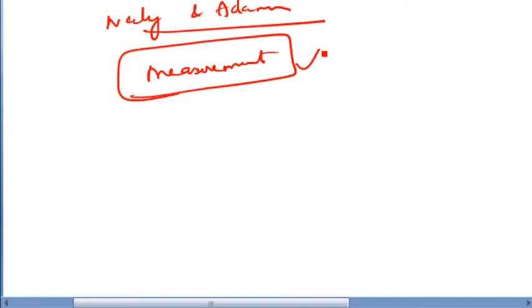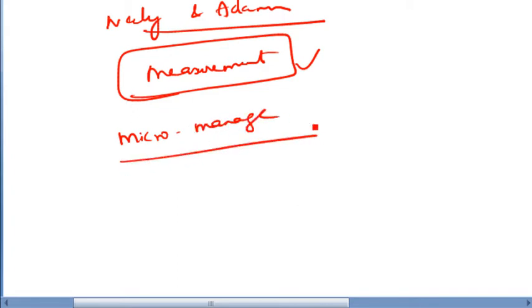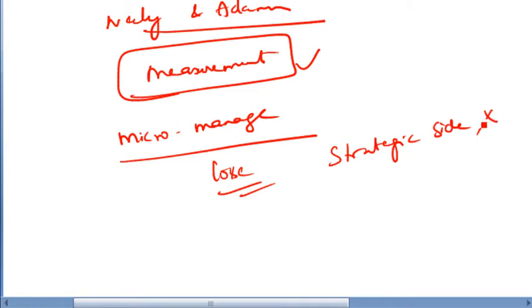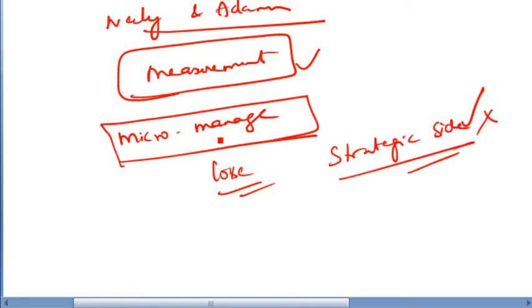So the problem with this increase in measurement is that management starts to micromanage their organization, and they lose their sight or their concentration on the strategic side of the management. The strategic side of the management is very important. So you are giving too much importance to micromanagement of your organization, and you're losing the strategic side of the management.